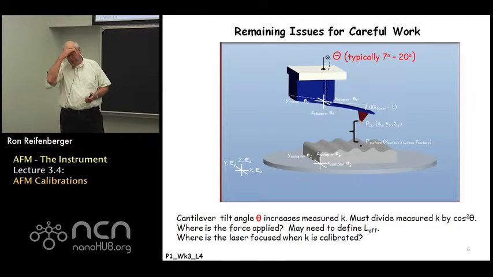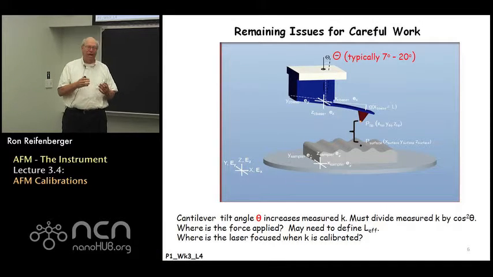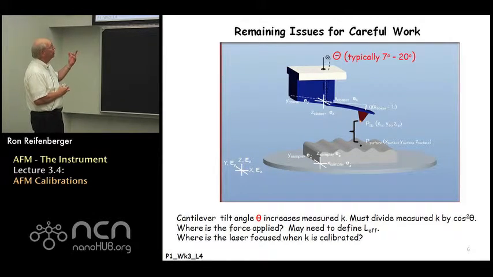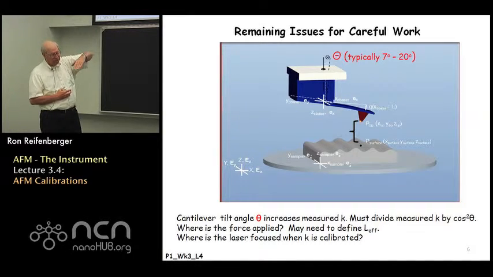As always, there seems to be in AFM an infinite number of issues that have to be resolved if you're really doing very careful work. And I just wanted to mention a few of those issues here. Typically, the cantilever is pitched. There's a pitch angle of the cantilever with respect to the substrate, and this is intentionally done in order to get the laser beam to reflect off the cantilever into a photodiode.